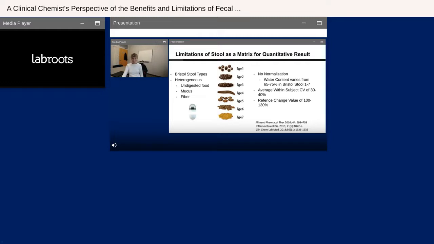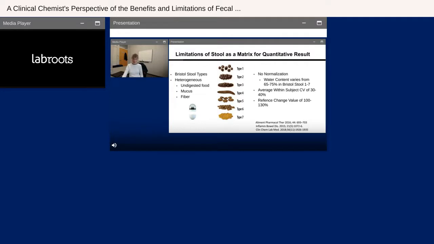Another interesting study found that the average within-subject coefficient of variation is somewhere between 30 to 40%. What this means is that if a healthy individual submits a stool sample one day, and the next day submits another, on average the calprotectin result will vary by 30 to 40%. This study estimated that a reference change value would be about 100% to 130%.